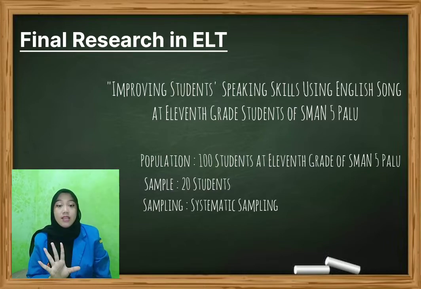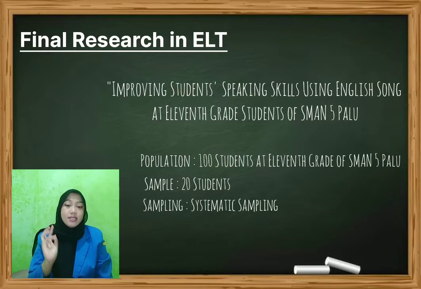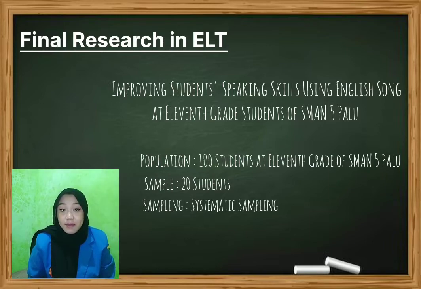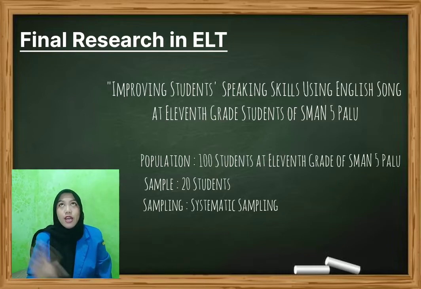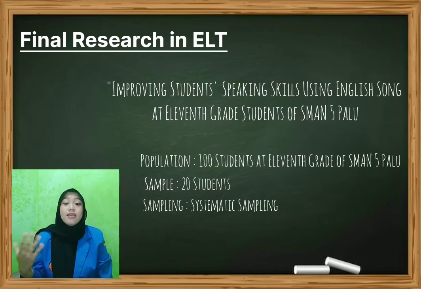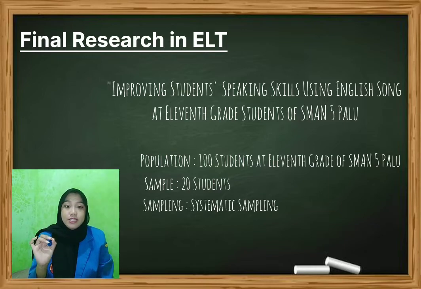There are 5 classes, A, B, C, D, and E, at the 11th grade of SMA Negeri 5 Palu. Each class has 20 students. So the total students at the 11th grade of SMA Negeri 5 Palu is, sorry, 100 students.